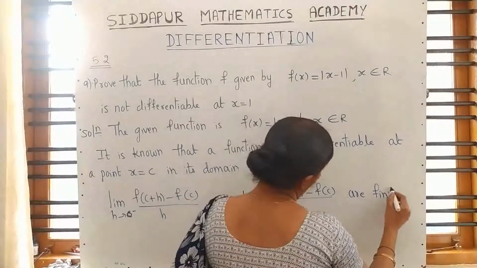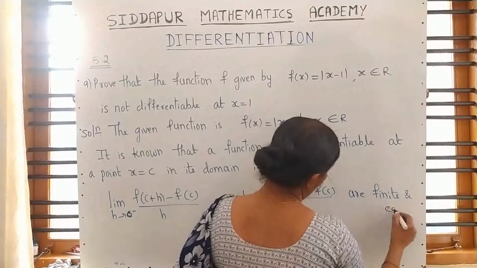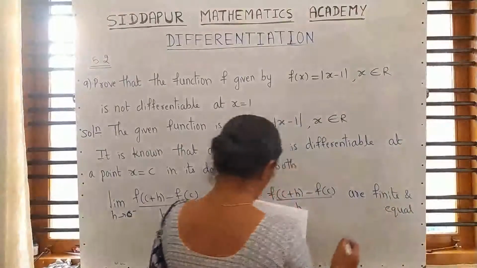They exist and they are equal. Then only we can say that it is differentiable.